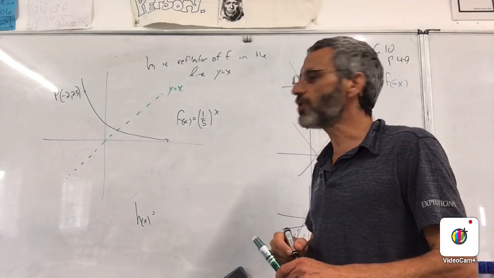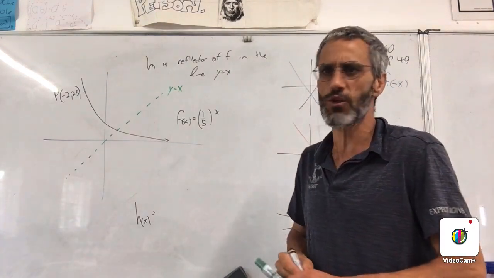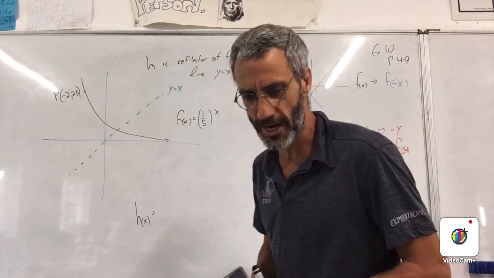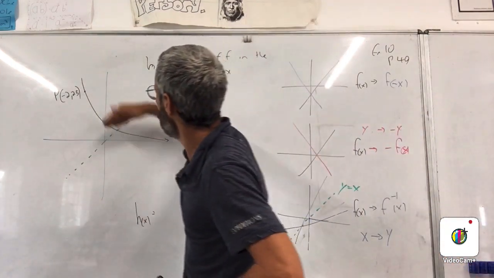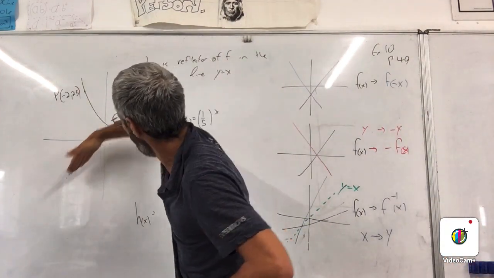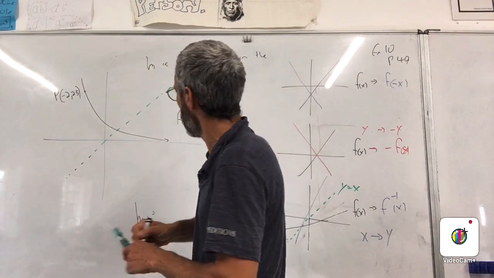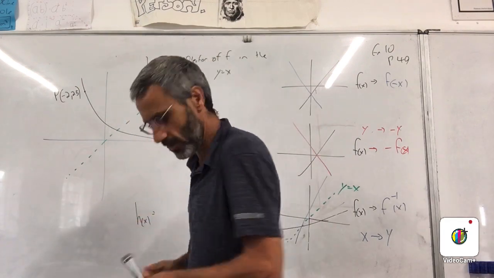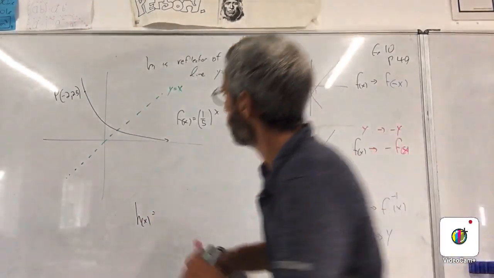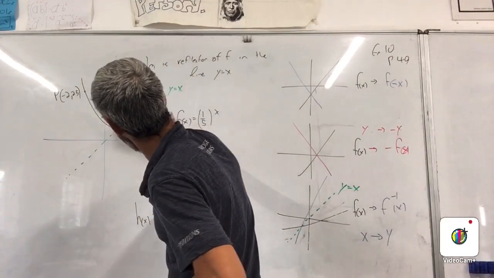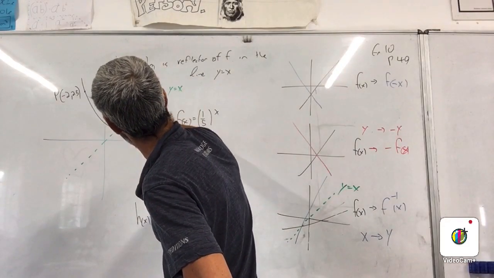Before I do that, let's just try and draw it. They didn't ask us to do it, but I think it's good to practice it. So how do I reflect it along the line y equal x? I put a mirror here. Imagine I put a mirror, and I just draw it. So let's use red. This branch here is going to go like this. That's shocking.